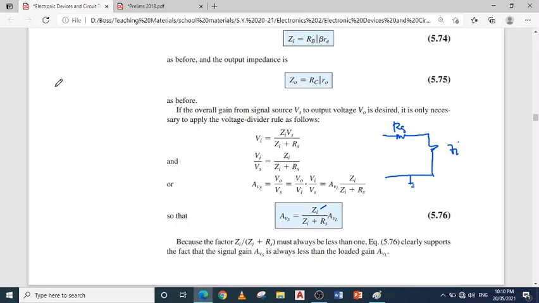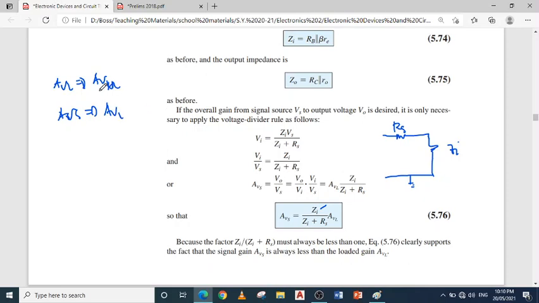To compute AVL, you need AVNL. And to compute for AVS, you need AVL.